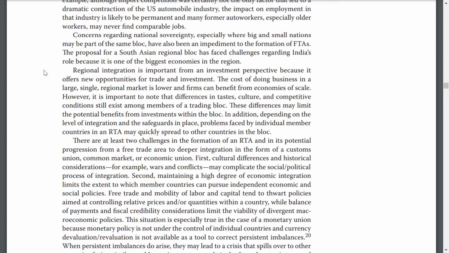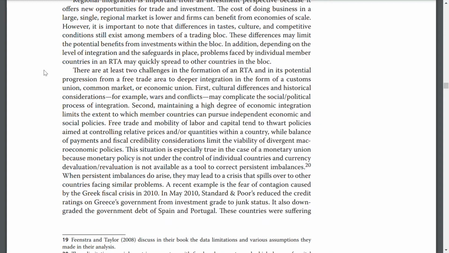There are at least two challenges in the formation of an RTA and in its potential progression from a free trade area to deeper integration in the form of customs unions, common markets, and economic unions. First, cultural differences and historical considerations, for example wars and conflicts, may complicate the social and political process of integration.